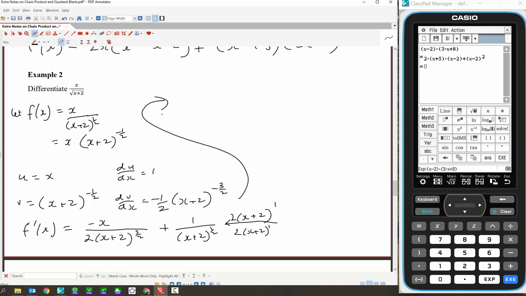So I'm going to continue this up here and say that f dash x equals negative x over 2x plus 2 to the 3 on 2 plus 2x plus 2 over, now these two get multiplied together, so I've got 2x plus 2 to the 3 on 2. Now I can combine my denominators, and what I'm going to do is just play with the numerator.